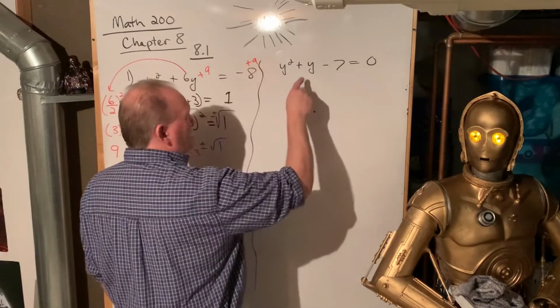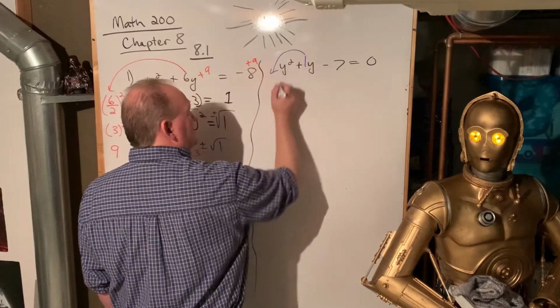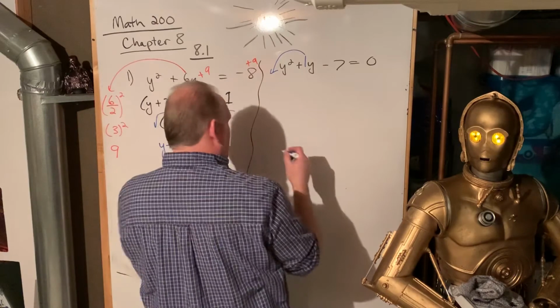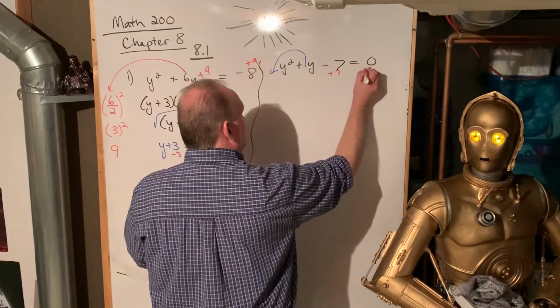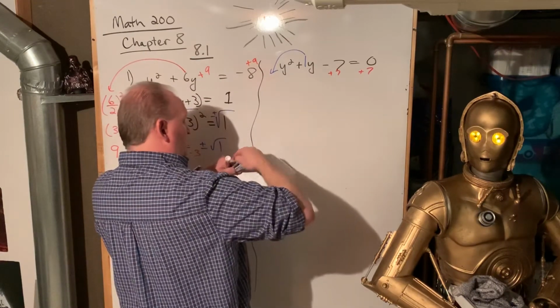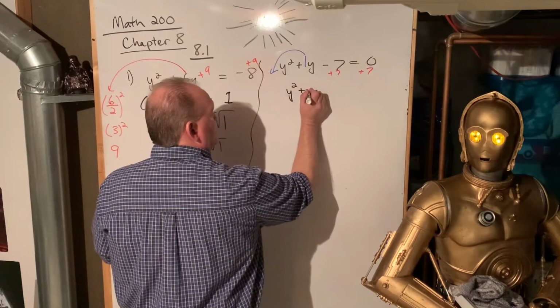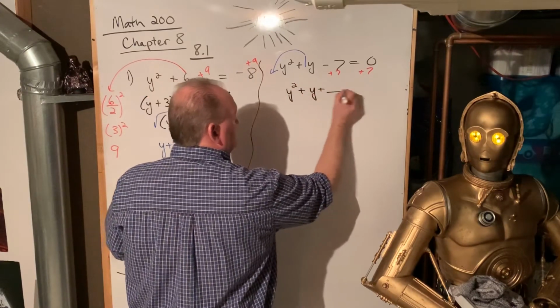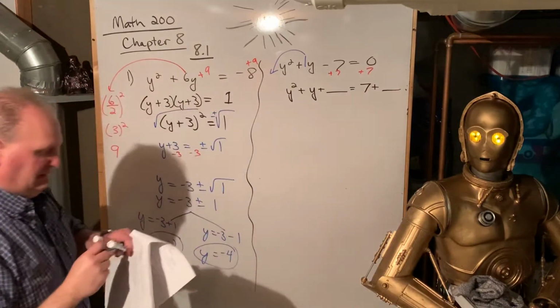This is a little better, but it's also a little worse because this has a 1. That's not going to make a really pretty magic number. So first let's move this 7 over to the other side. And because this is a 1, the magic number is going to be a fraction.